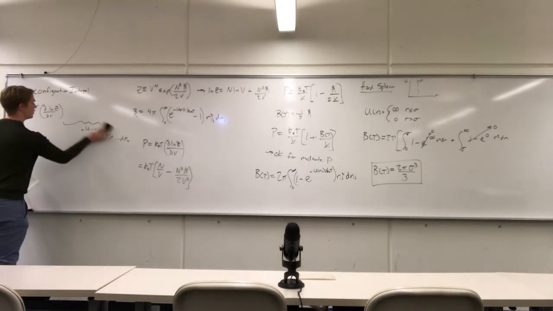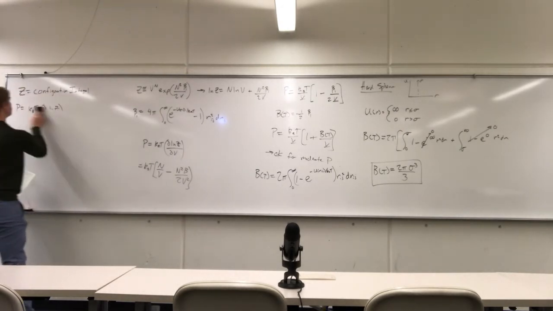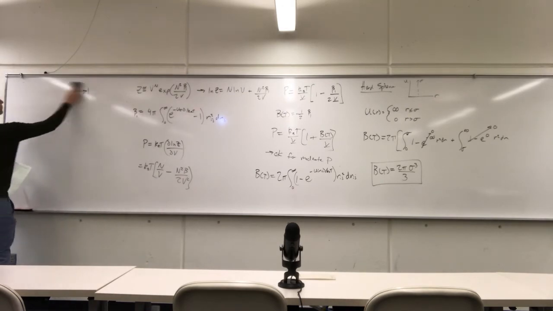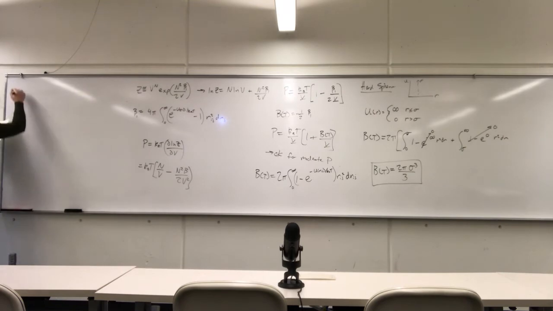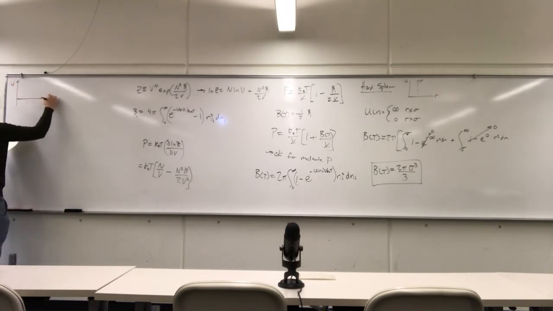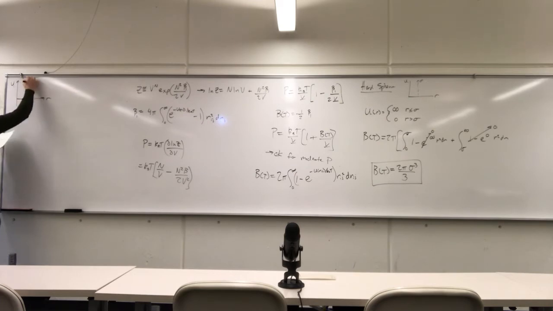Now for the next one is going to be the square well potential. We'll substitute it in as well. So for the square well, U as a function of r, we have, this goes off to infinity at the radius of the particle. We have some square well at negative epsilon energy, and then it goes back to 0 at some parameter r square well multiplied by sigma.